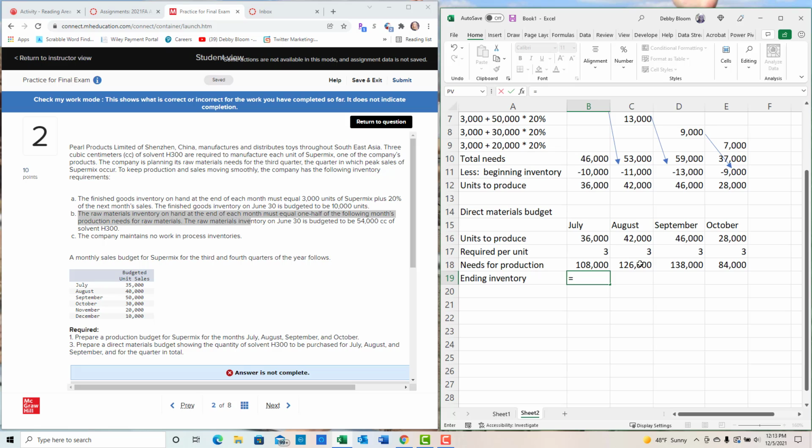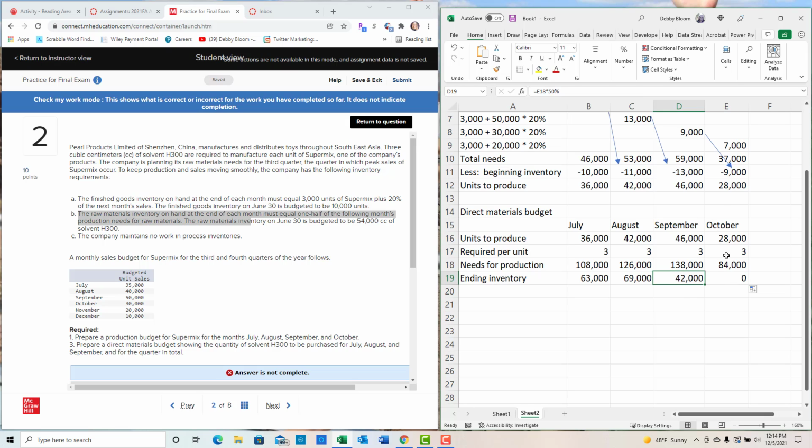So half of next month's production needs, I take the production needs for the following month and multiply that by 50% or by 1/2. So 1/2 of August production needs for the ending inventory of July, 63,000. August, 1/2 of what we need for September. September, 1/2 of what we need for October.